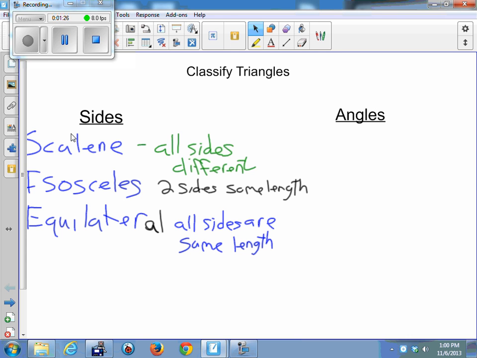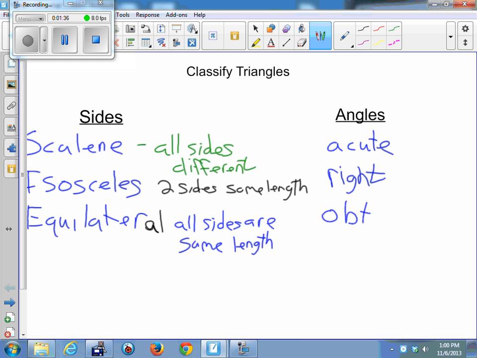By angles, the same kind of thing. We can have an acute triangle, a right triangle, or an obtuse triangle. Alright, an acute triangle has all acute angles. So we have angles that are less than 90 degrees.